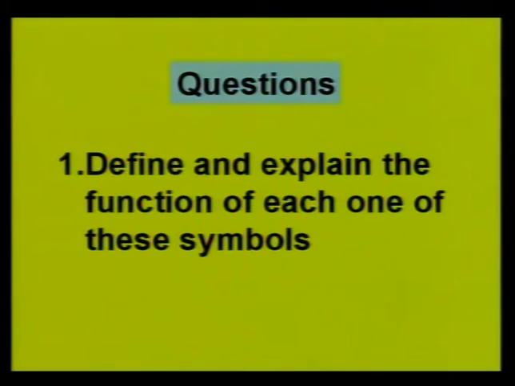Question number one, we'll just go through each one of those components. They are sometimes known as the components of the circuit. The first component is a cell, and that is, Samantha, you explain, define and explain.